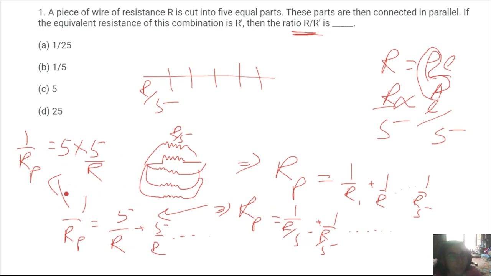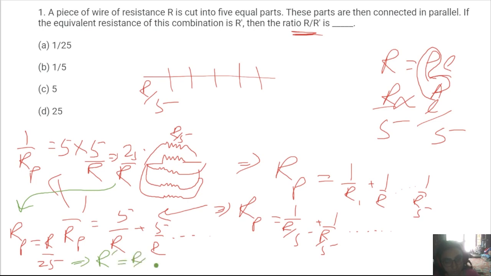Yeah. So what we are getting is 25 by R. Okay. So Rp equals to R by 25. So now they have asked us to write this as R prime. So R prime equals to R by 25.